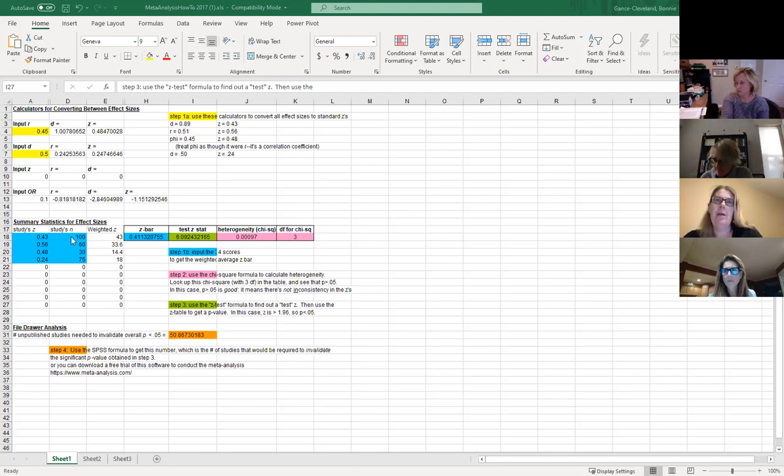So if this little sample of 30 is the one that finds the intervention doesn't work, but all the rest of these big samples show it works, then you could possibly still get a significant difference with your z-test. So there's all kinds of different mixes.